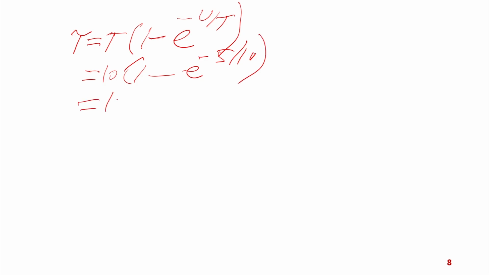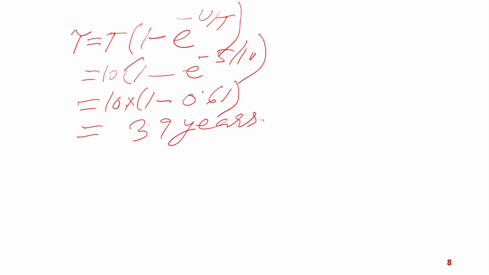So, it will be 10 multiplied by 1 minus 0.61, and this gives you 3.9 years. Okay. And you can calculate the probability that it will fail before the maximum lifetime of the satellite. So, it will be tau by t. So, this is basically 0.39, that is 3.9 divided by 10.